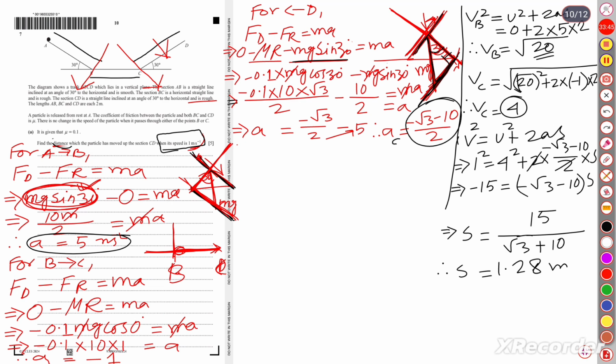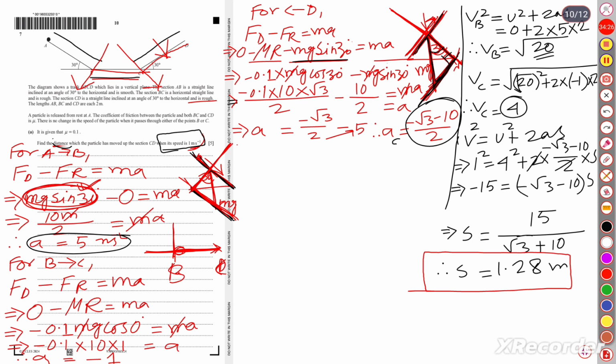Applying the same concept, we got the velocity at different stages, and every final velocity turned out to be an initial velocity, because the final velocity at B for AB is the initial velocity for the surface BC, whereas the final velocity at C for BC is the initial velocity for CD. Applying this, we got the distance. Actually, the particle moved up 1.2 meter on the surface CD. That's all about C. I think you have understood.